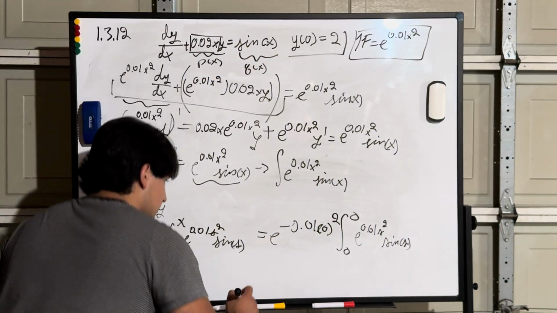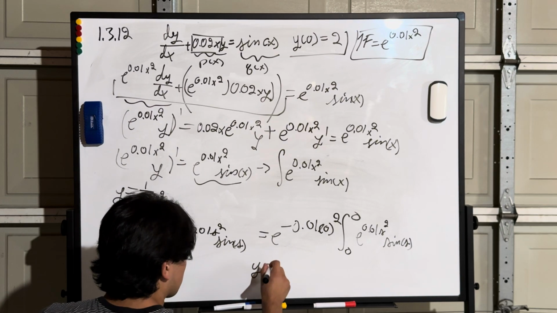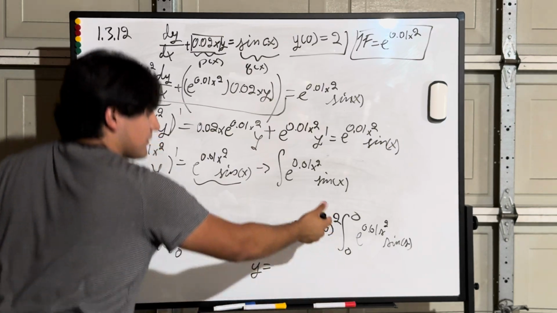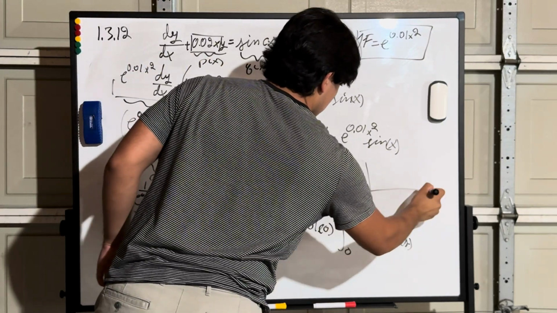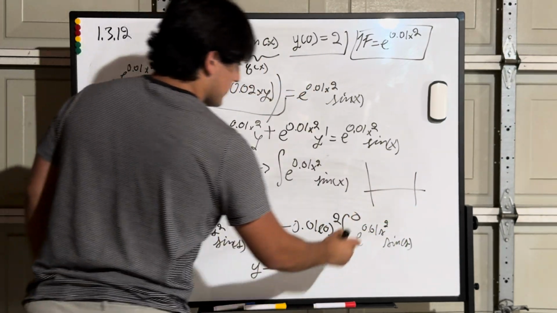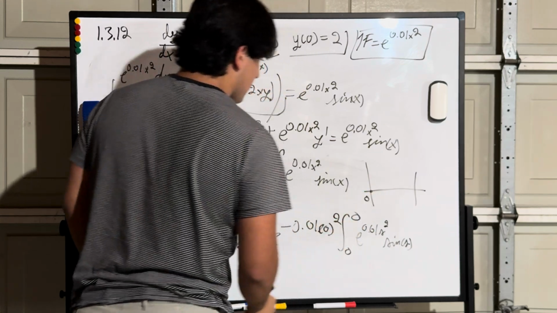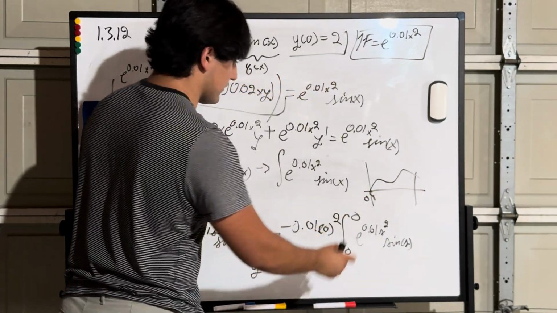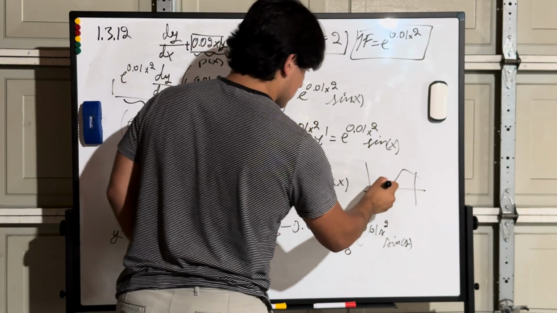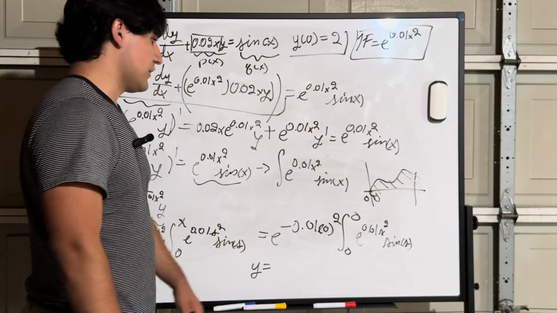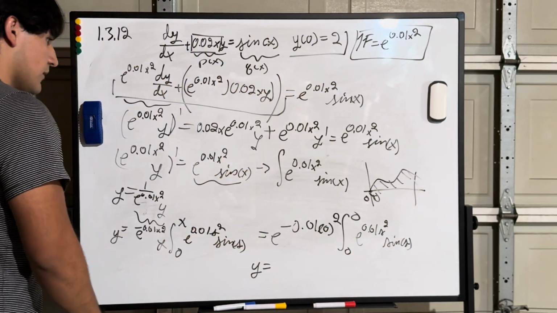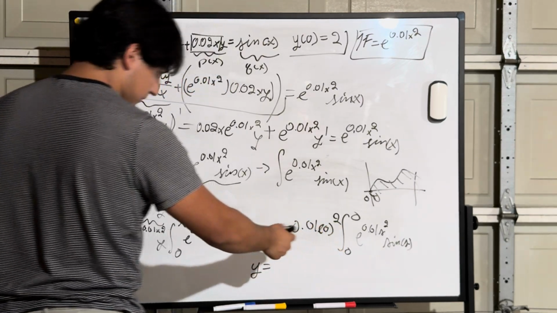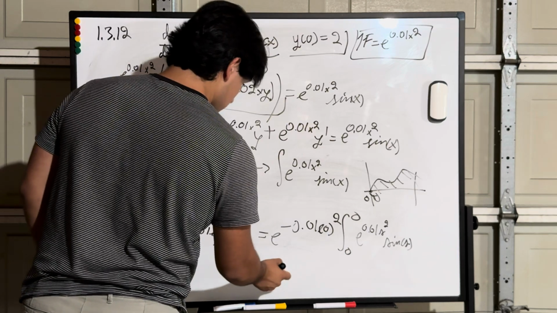When you take an integral from 0 to 0, starting at 0, you're not going anywhere, you're just staying at 0. So you're not doing any of this. And then e to the 0 is 1.